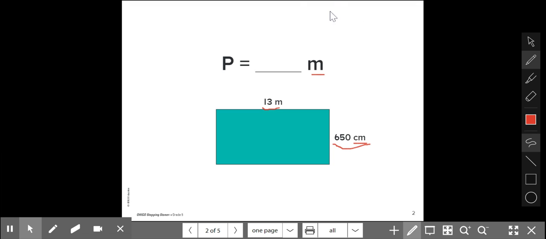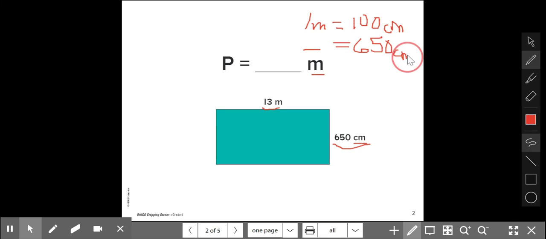So if there are 100 centimeters in 1 meter, how many meters would we have if there are 650 centimeters?